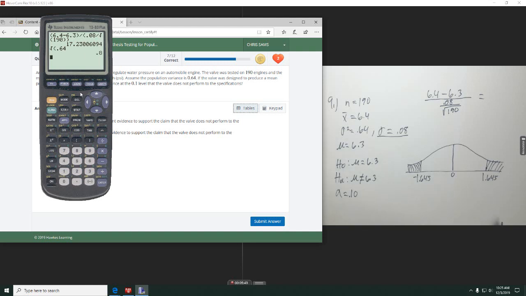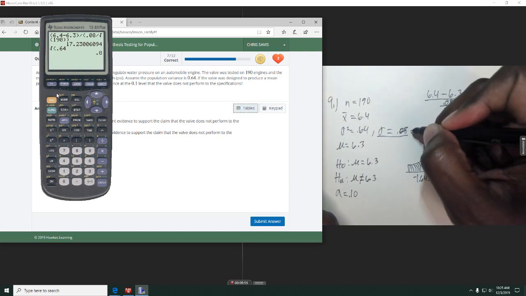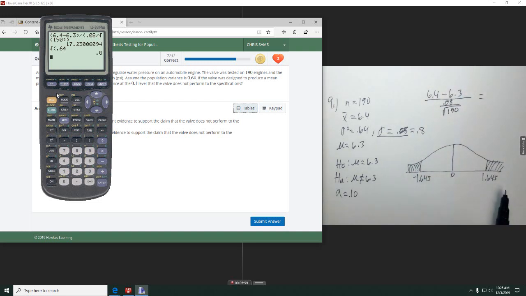So I got the wrong number in here. Okay, that's why it's so big. It did look strange. This should be 0.8, not 0.08. Okay, so I'm going to just change that really quick. I'm going to arrow back to this problem and delete it to 0.8. Okay, so I should have had a 0.8 here.